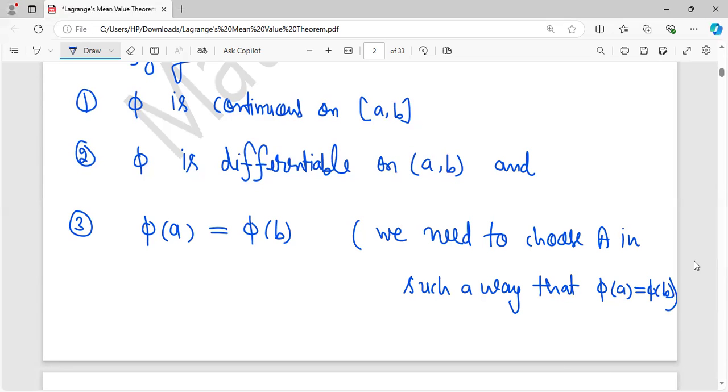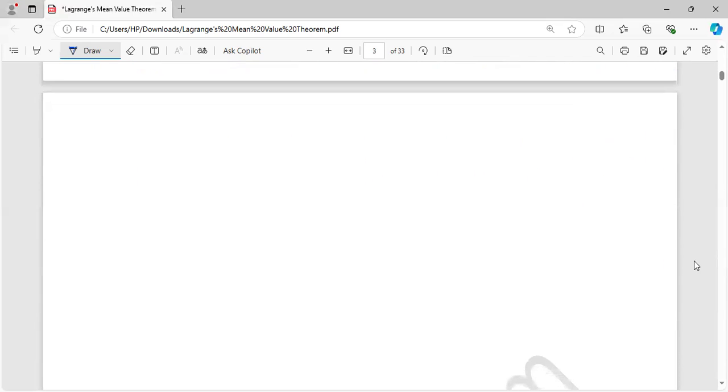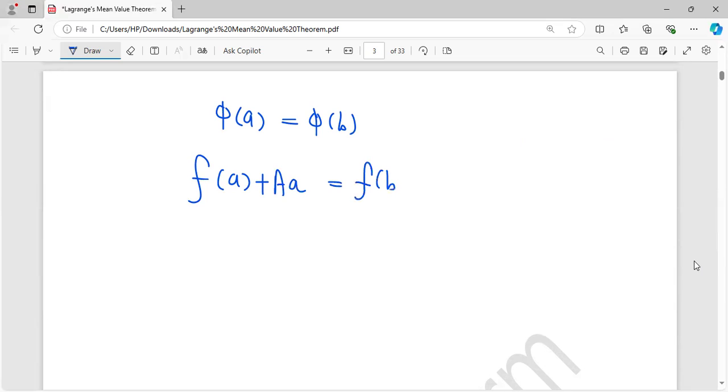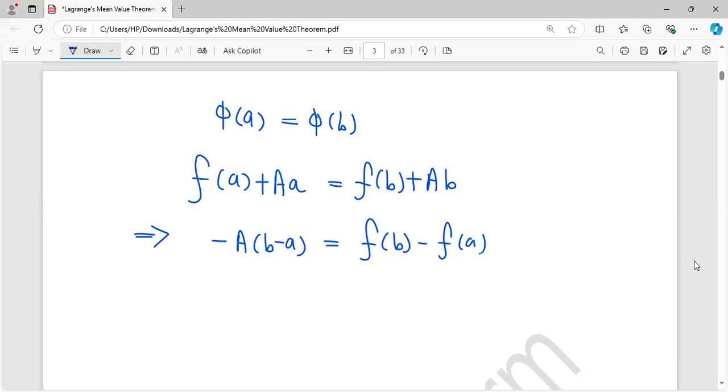So how will we find A? You put phi(a) is equal to phi(b). We need to find A. This is f(a) plus A a equals f(b) plus A b. So solve it. What did you get?